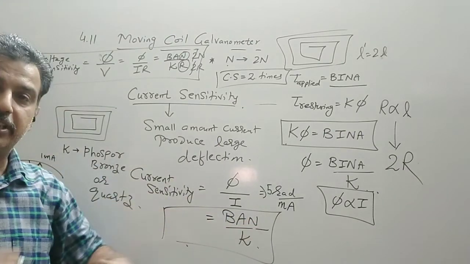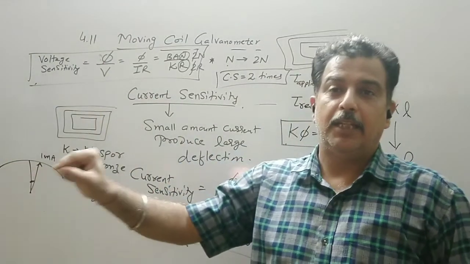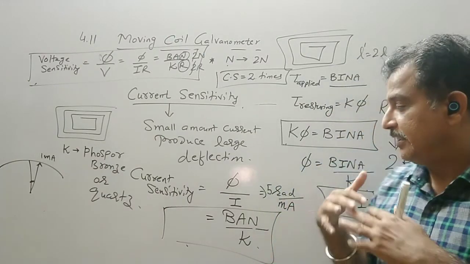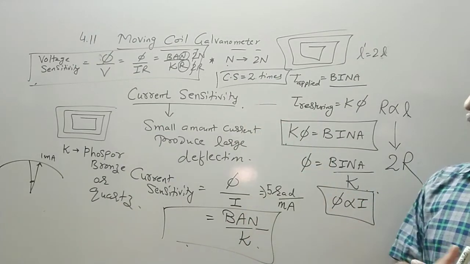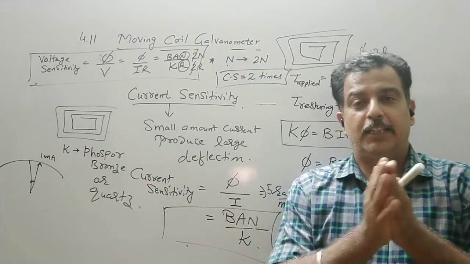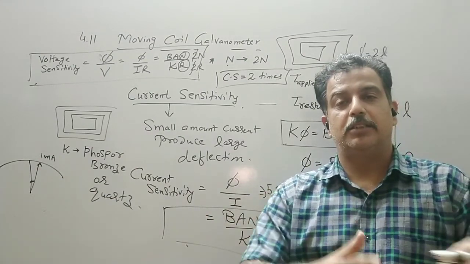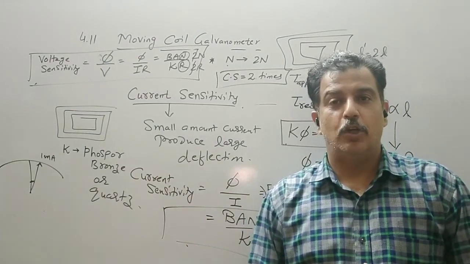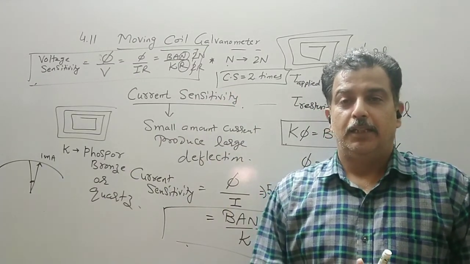So if the number of turns is doubled, the current sensitivity becomes double but voltage sensitivity remains the same. Yes, if you change the area, then there is a possibility that the voltage sensitivity may change, but if I increase the number of turns, current sensitivity will increase but voltage sensitivity remains constant. So this is all we have for a galvanometer.